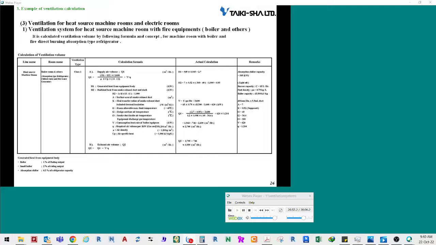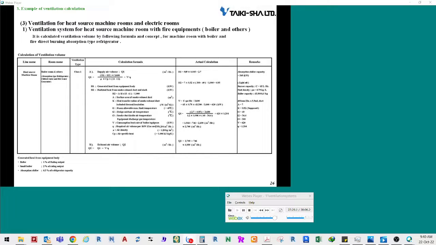Calculate the required air quantity using the consumption heating value of the equipment. The equipment shown on the slide uses kerosene as fuel oil. Calculate consumption heat capacity using the fuel consumption, the fuel density, and the lower calorific value of the equipment.